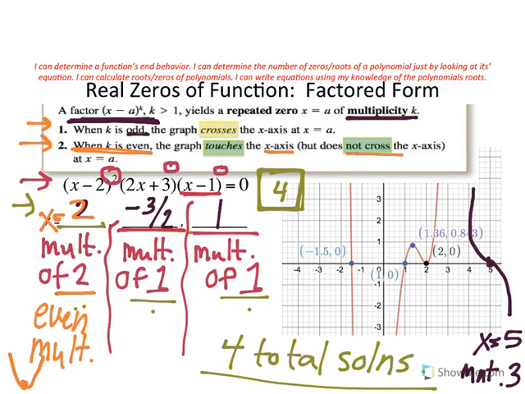If your multiplicity is an odd number, it is going to hit at that x value and cross through it. If your multiplicity is even, it is going to hit that x value but bounce off of it. It's not going to cross through the x-axis.